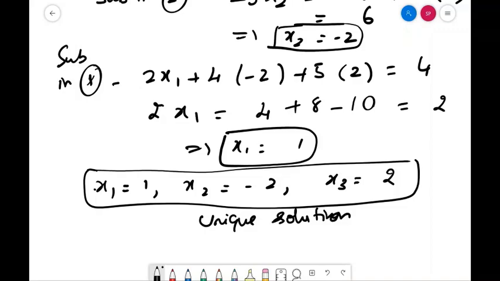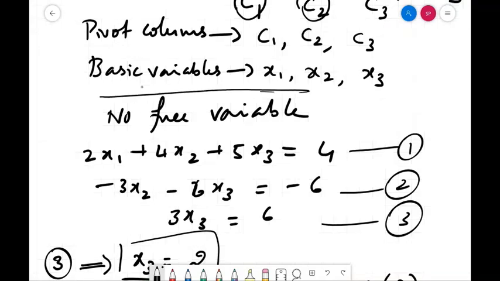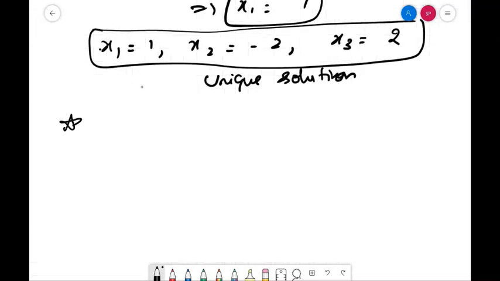And what do you observe here regarding basic variables and free variables? No free variable. So here you have to remember: no free variable. Till now I have obtained two things.